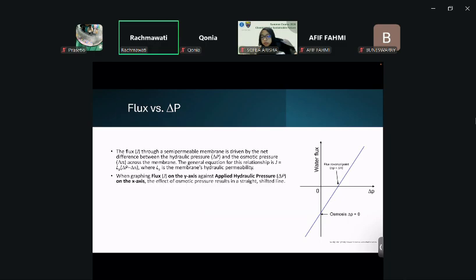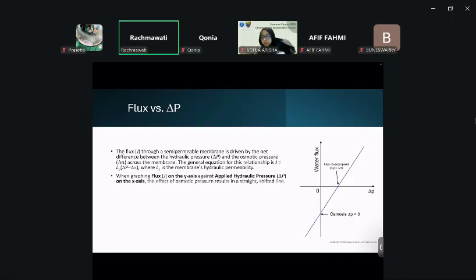Now, suppose you are plotting your data. You have the flux here as the y-axis, and this is the pressure that you apply to the system. And then you have some coordinates based on your experiments. Of course, the more data, the better, because then you will have a better line, a better formula which shows your own system.